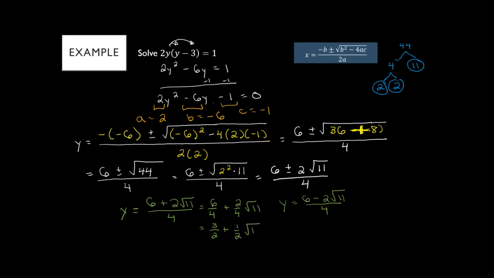And then I have the square root of 11. And then basically, it's going to end up with the same thing on the right, just with the minus. We're going to have 6 over 4 minus 2 over 4 times the square root of 11. So this gives us 3 halves minus 1 half times the square root of 11.